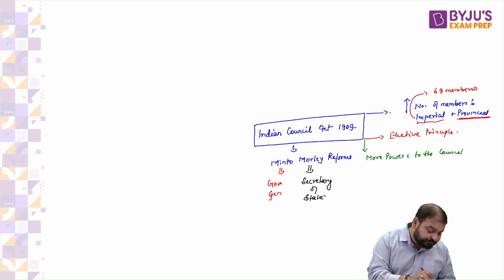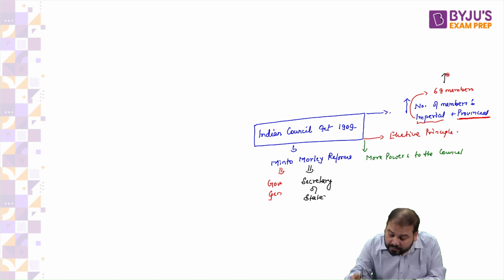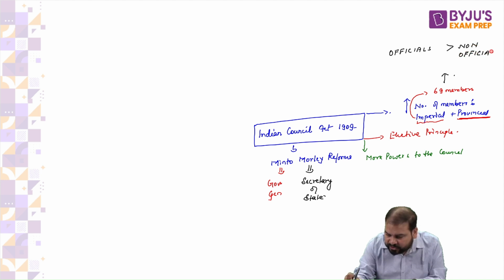And here, the most important thing that you should remember is, in this 69 members, officials have a majority over non-officials.